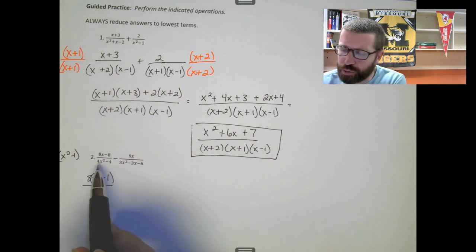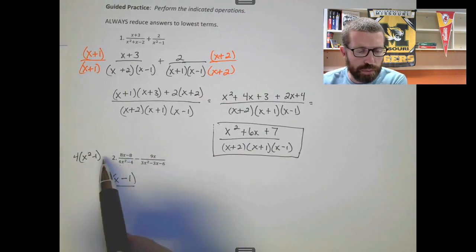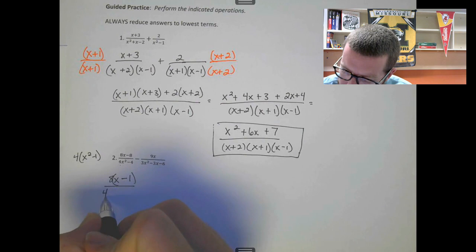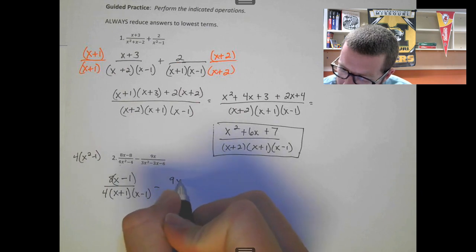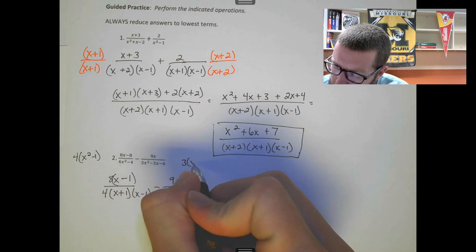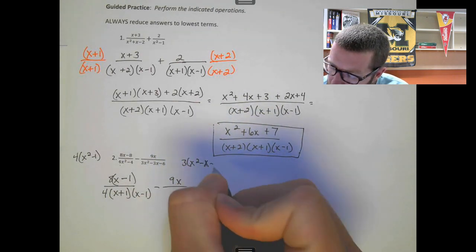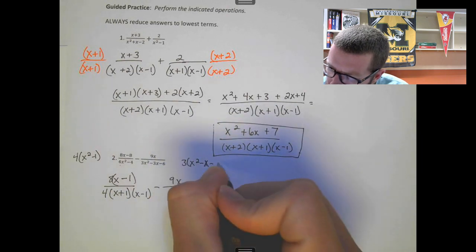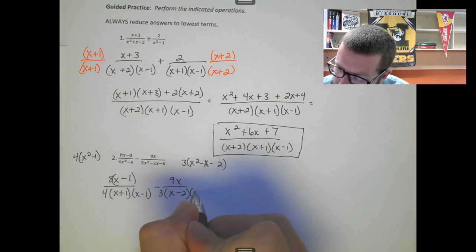Take out a 4 from the bottom part, and then a difference of 2 squares. 9x you can't do anything with. And let's do the same thing over here. Let's take out a 3, minus 1x, and then minus 2. And then we can factor this to x minus 2 times x plus 1.